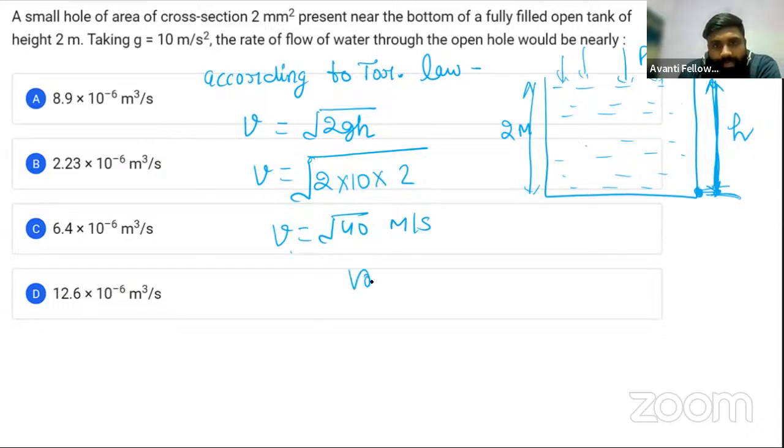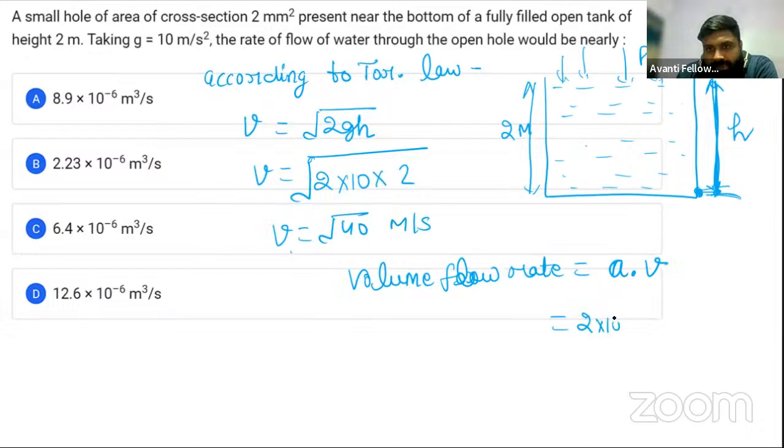So the volume flow rate is given by the area through which the liquid is coming out multiplied by the velocity. Area is 2 mm square, which is 2 into 10 raised to the power minus 6 meter square, into root 40. Okay. Now, just a second, give me a second.